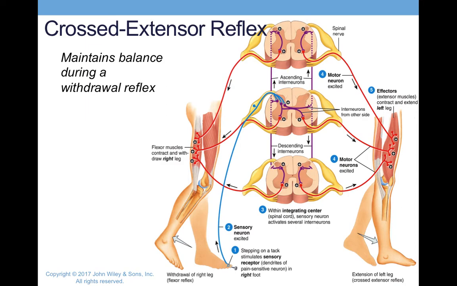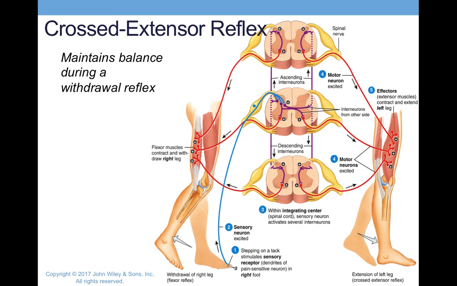It was a contraction of the flexor muscles to move the limb away and avoid the injury. And then this crossed extensor reflex is a balance-maintaining reflex that causes a synchronized extension of the joints of one limb and then flexion of the joints in the opposite limb.